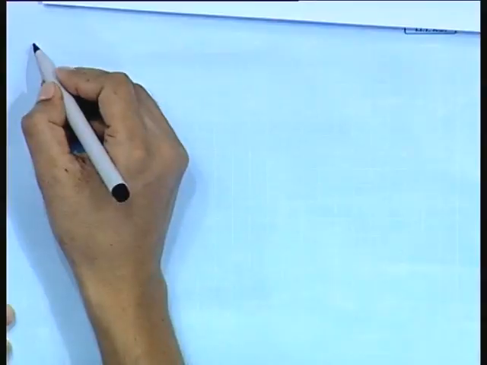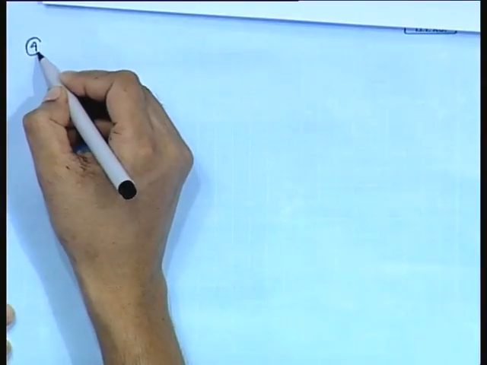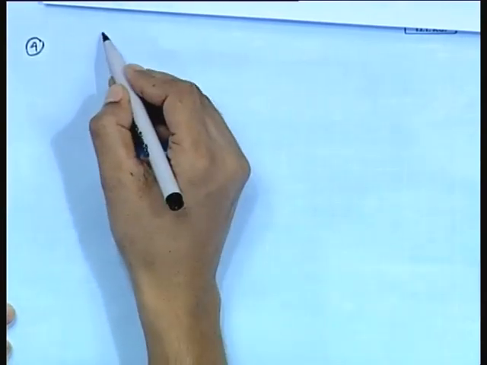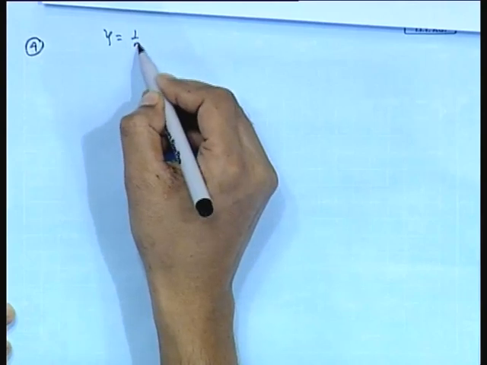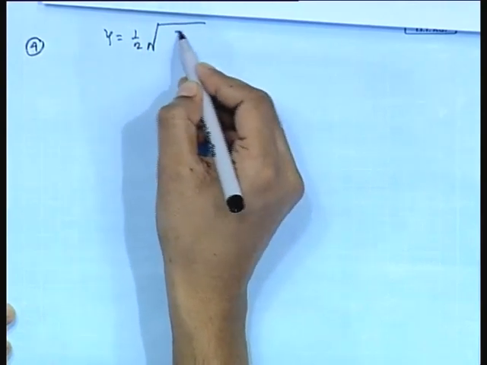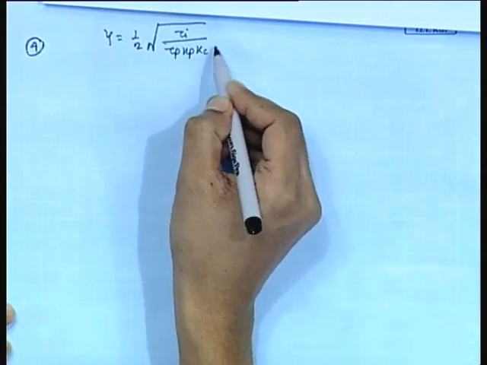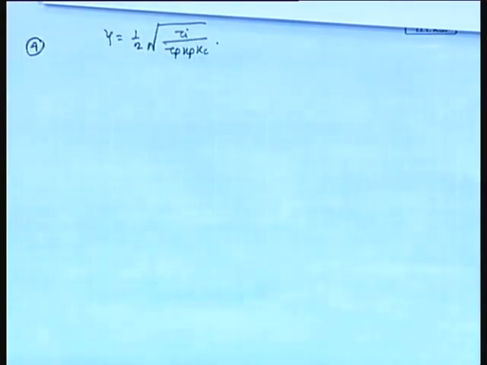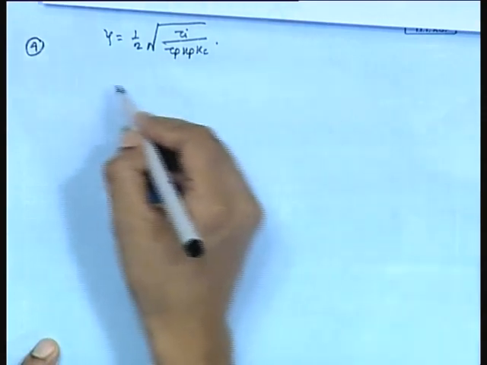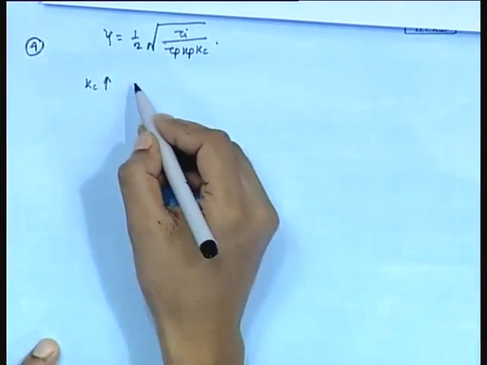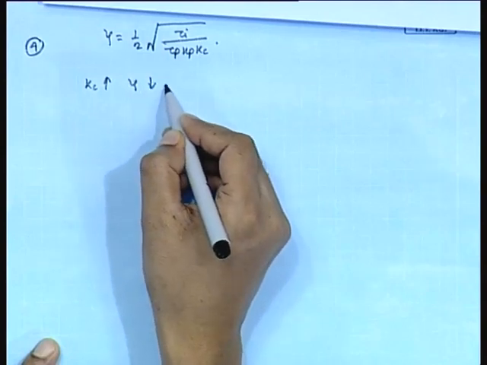Fourth point is, if we again see the expression of zeta, that is zeta equals half root over of tau I divided by tau P Kp Kc, we can say that with the increase of Kc, zeta decreases.